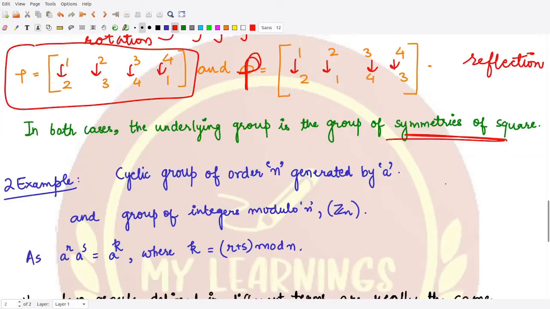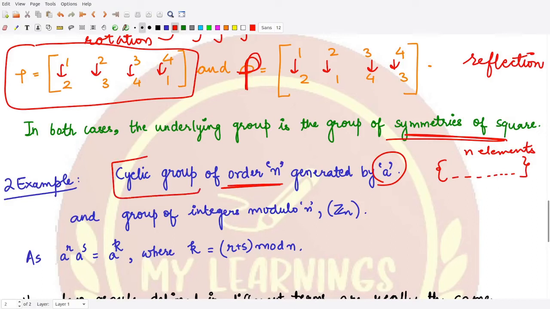For another example, we have a cyclic group of order n, generated by a. Because it has order n, it has at most n elements, and after that the elements repeat, as is the case in a cyclic group.